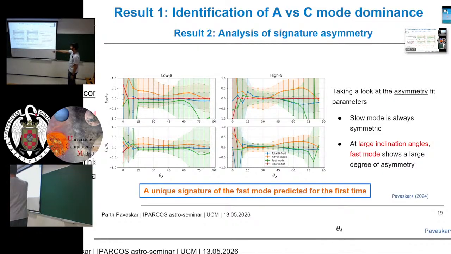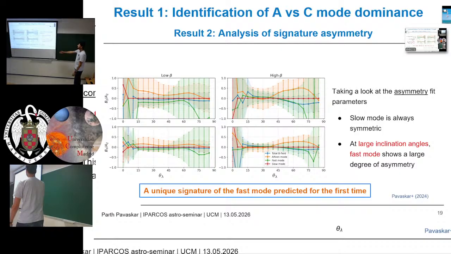And then I basically calculated both of these A4 by A2 and B4 by A2 parameters, essentially the sinusoidal parameters from our fitting function. And I plot them against the magnetic field inclination again. And now we try to see what this means, right? So the parameter itself, when it's zero, it means there are no sinusoidal components, so the signature is fully symmetric.